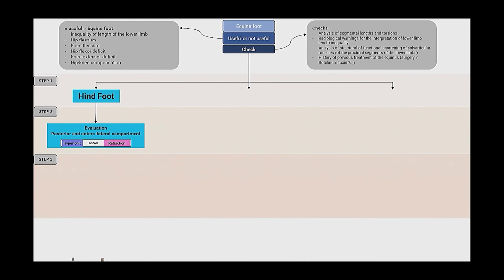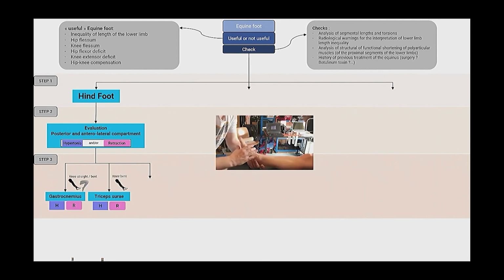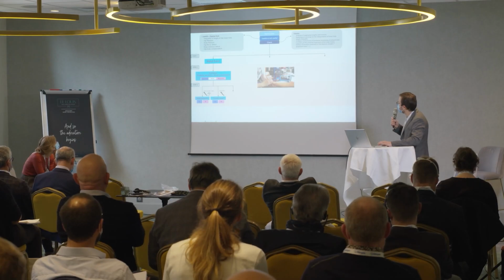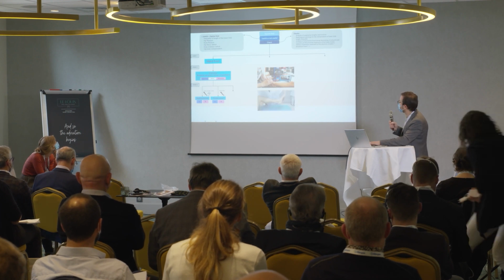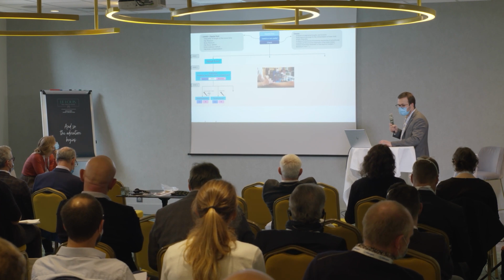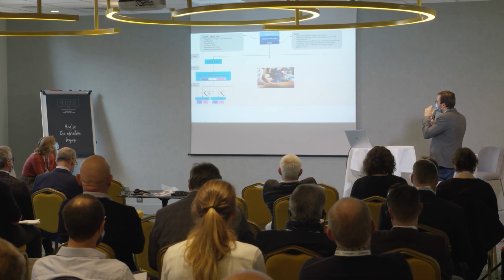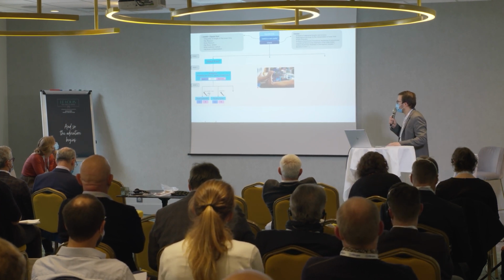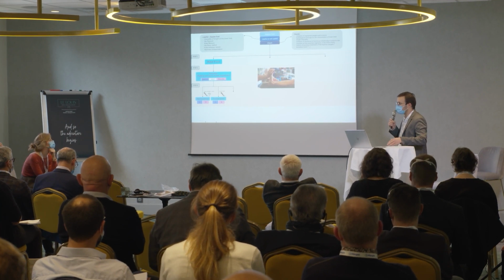The next step, after the evaluation of the posterior and anterolateral compartment: for the posterior compartment, we use the Silfverskiöld sign in order to distinguish the part of the gastrocnemius from the triceps surae.